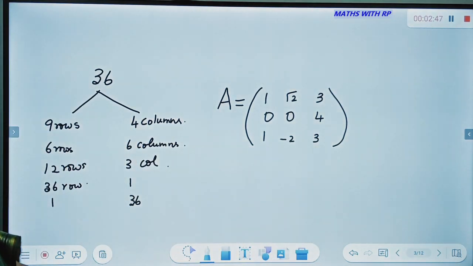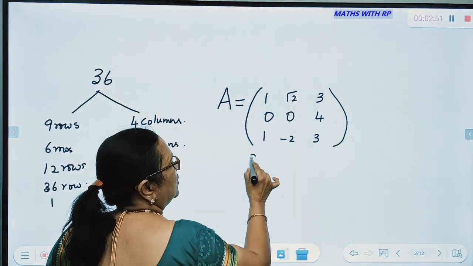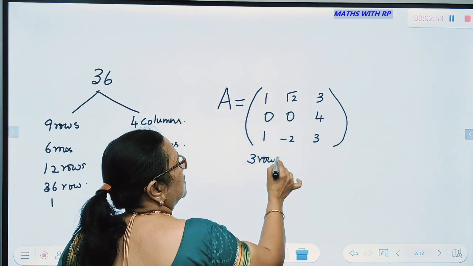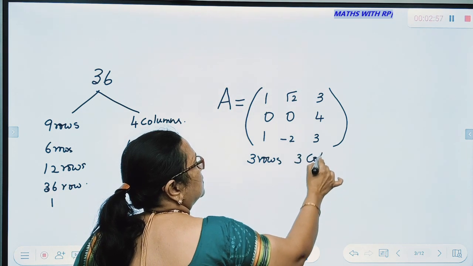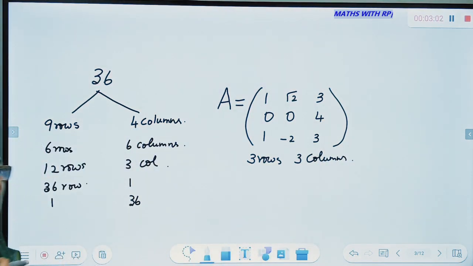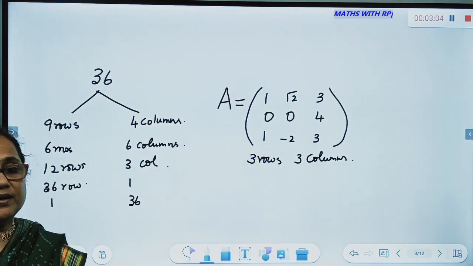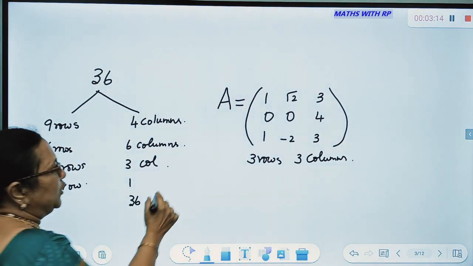So this has got 3 rows. These are rows, so it has got 3 rows. These are columns, so it has got 3 columns. A distinctive feature of a matrix is what we call its order. Order is the number of rows by number of columns. We use the word by, but we use the symbol into.